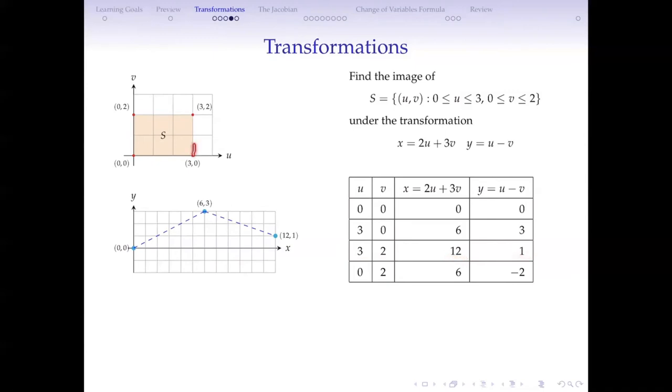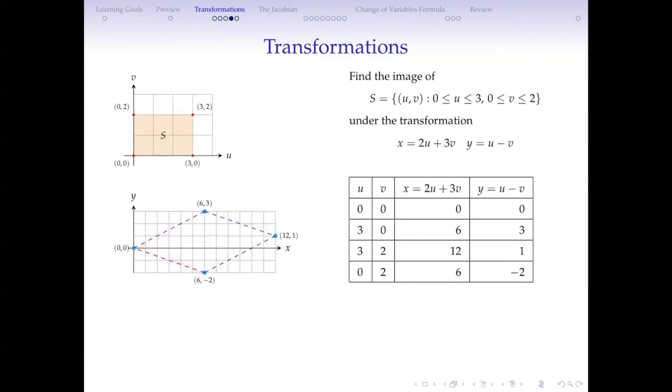So as I move from here to here in the UV plane, that's moving from here to here in the XY plane. Finally, if I move from 3, 2 to 0, 2, that's moving from 12, 1 to the point 6, minus 2. So I move from here to here to here. And of course, I move back to the starting point.